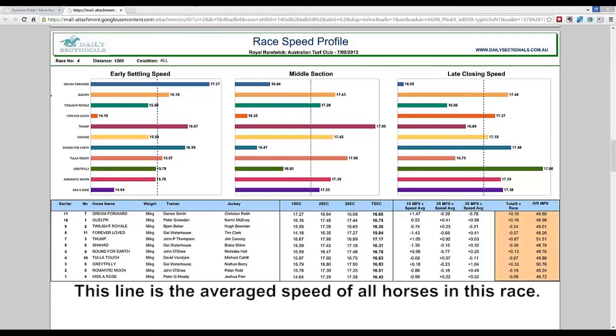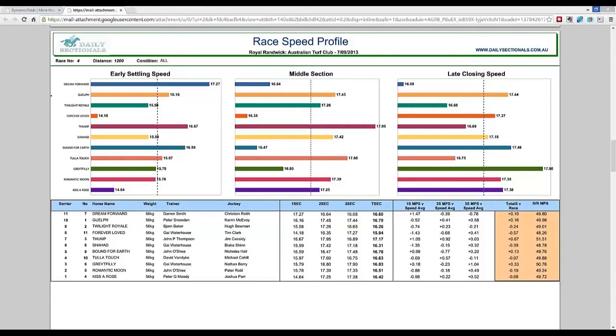So basically, if you're past that line, as you can see Guelph is with 16.16 metres per second, that means that this particular runner is most likely going to conserve energy through that first 400 metres because it's past the line. The only time that it may not conserve energy is if the jockey decides to push aggressively forward and lead on the horse, and then it may have a situation where it will start to overexert.